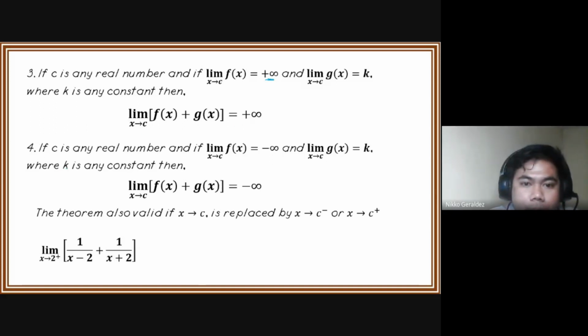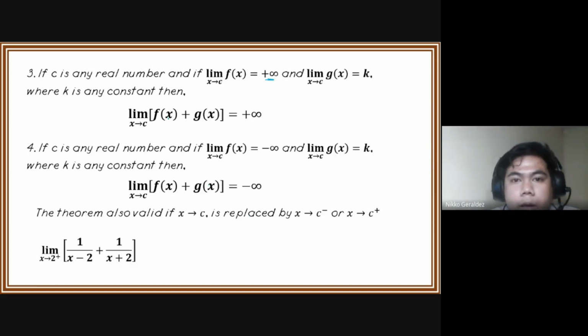Now, 4. If c is any real number and if limit of f of x is equal to negative infinity and limit of g of x as x approaches c is equal to k, where k is any constant, then limit of f of x plus g of x as x approaches c is equal to negative infinity.